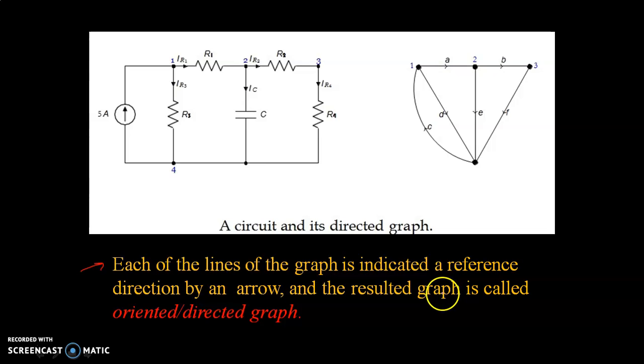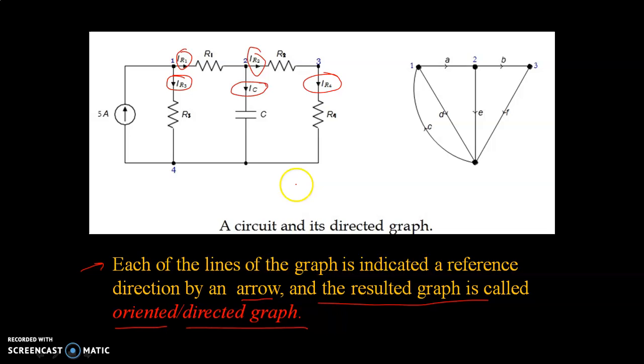The reference direction is given in the circuit of concern by an arrow. It is given to you. And the resultant graph is called an oriented graph or directed graph.